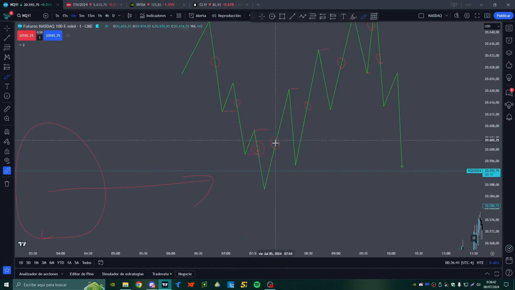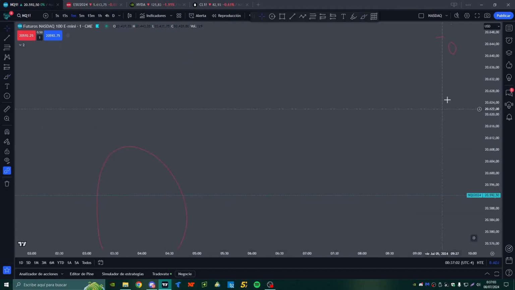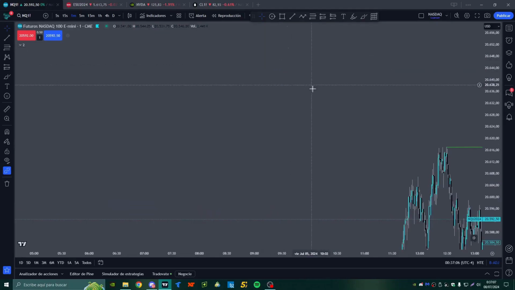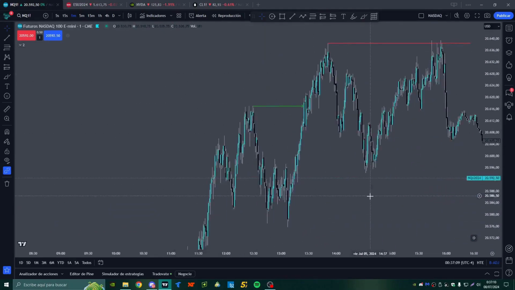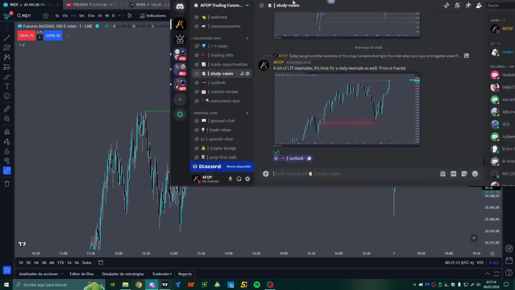Then making those order flow changes or those confirmations as well. That fails, the price tries to make another low, but fails to do so. That's order flow, understanding how the price starts to paint the candles at a specific point. So I know it's going to generate a market structure in a certain direction, so dedicate a lot of time to understanding it. And I'm going to show you some examples that I have in my disk.